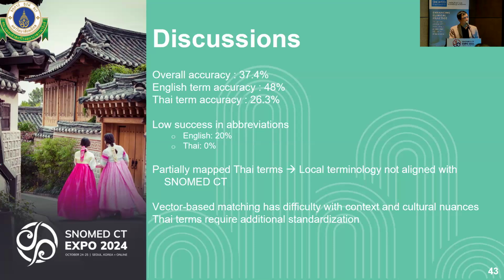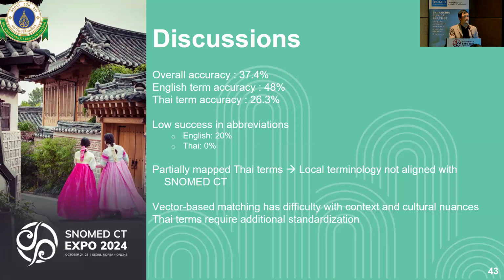And the last one is how we should improve our models. Here we use just vector-based matching through the embeddings. But maybe in the future, we should use more of what SNOMED CT can offer, like the ontological structure, which can be used coupled with a graph database or something like that.